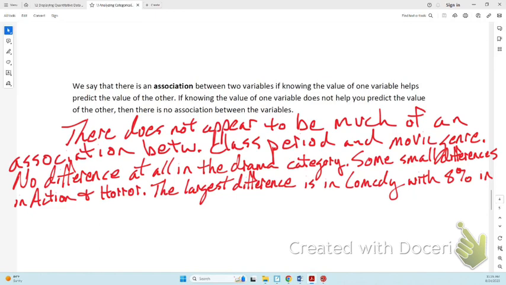It helps to back up your rationale. And it was about 18% in eighth.